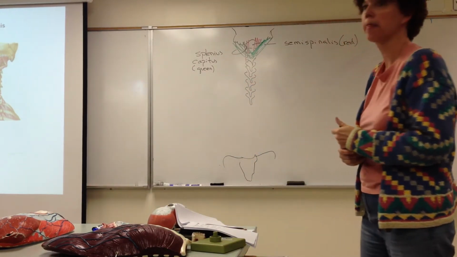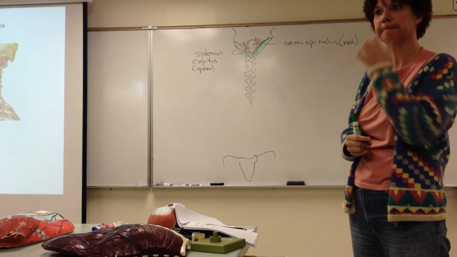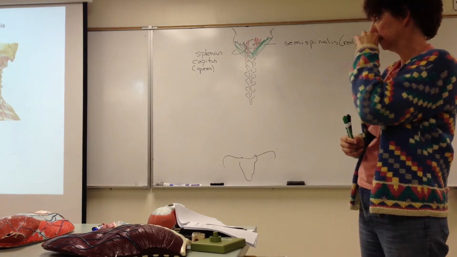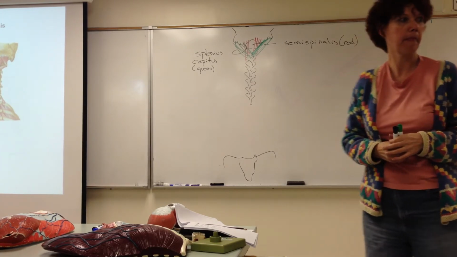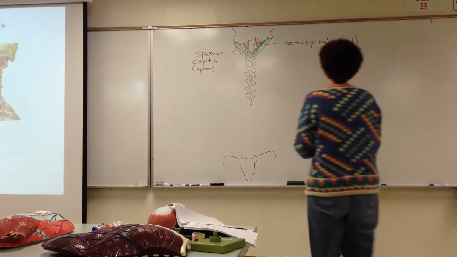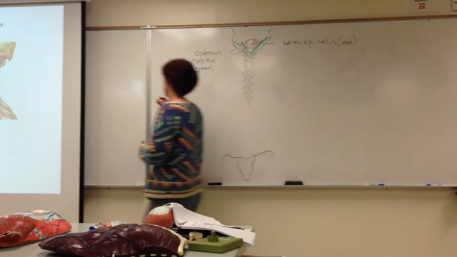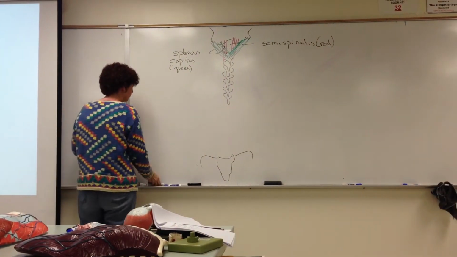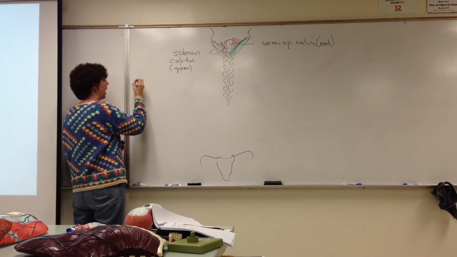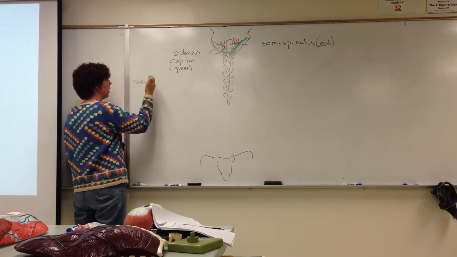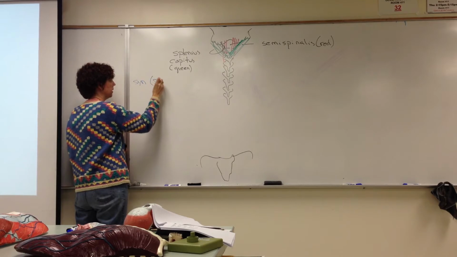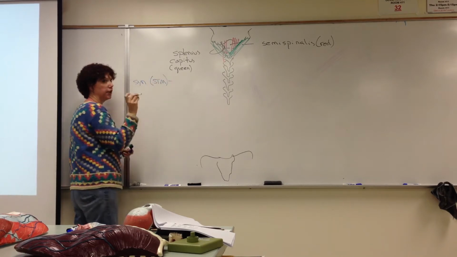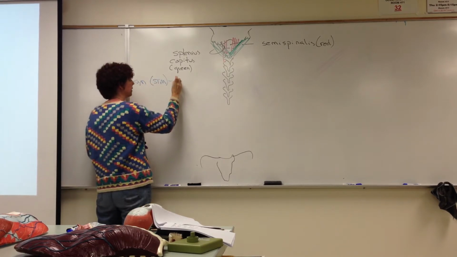What's the opposite of extend? Flex. Can you say that antagonistic part again? All right, so splenius capitis is going to be synergistic with sternocleidomastoid for the function of turning the head from side to side.